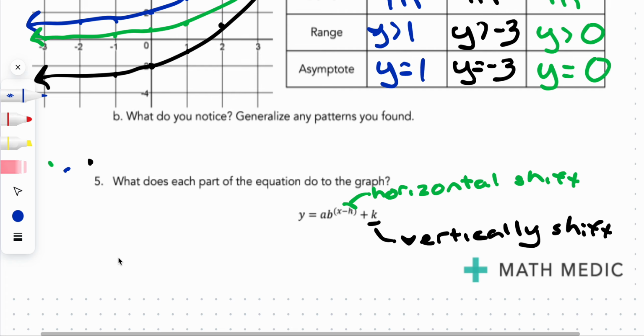Transformations have similarities between them, even though this looks entirely different than a rational function, some of the same principles apply. If we look at this b value, you get the idea. That's our b value. That's going to affect our growth/decay rate, so how steep our line is.